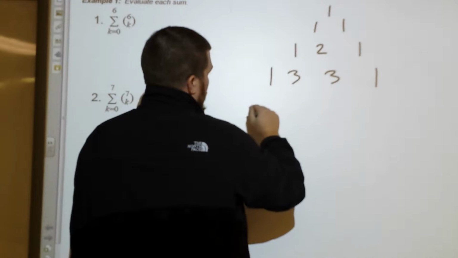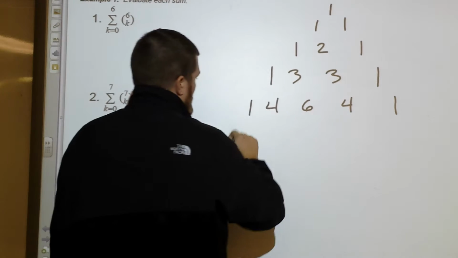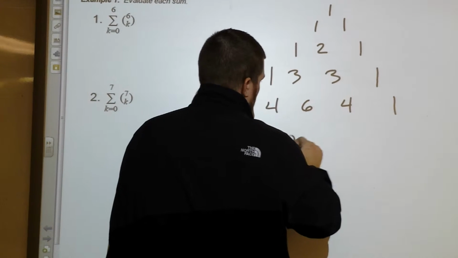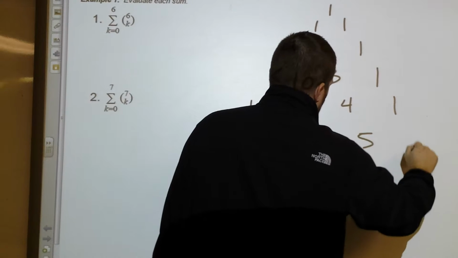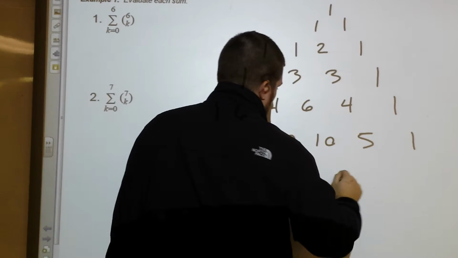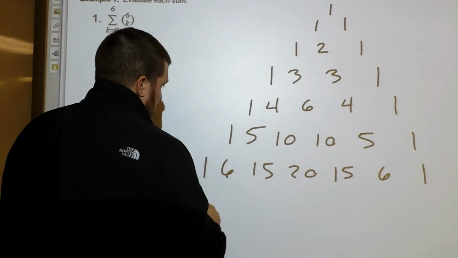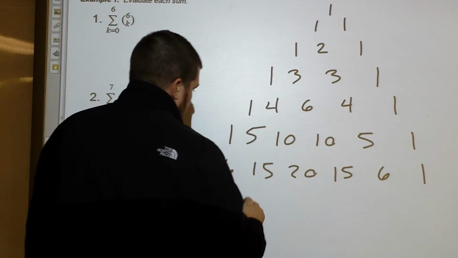So that's the 3rd row. Fifth row. Sixth row. And finally the 7th row.